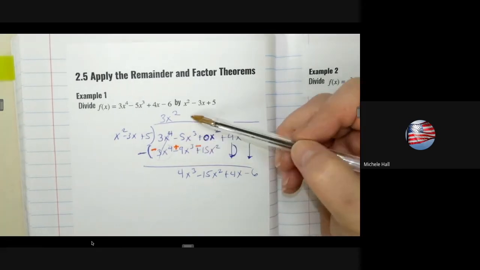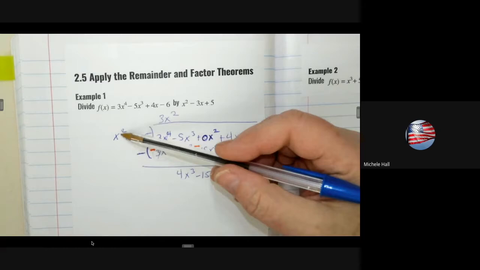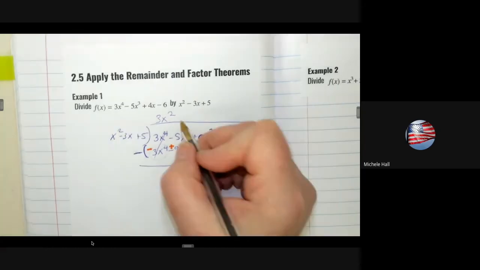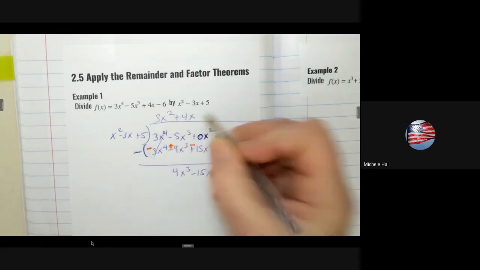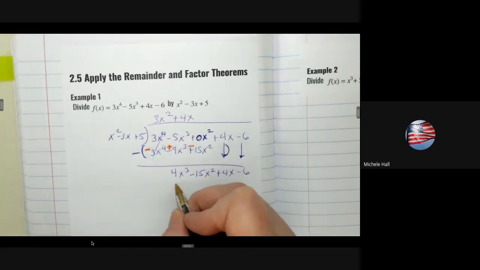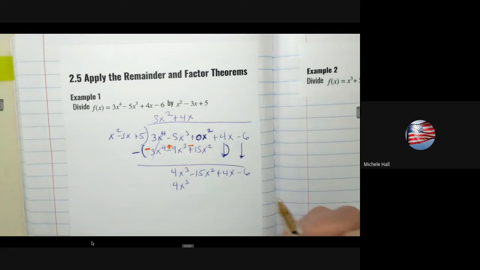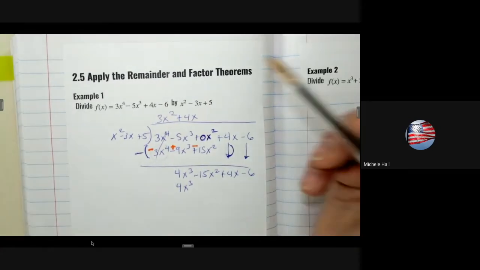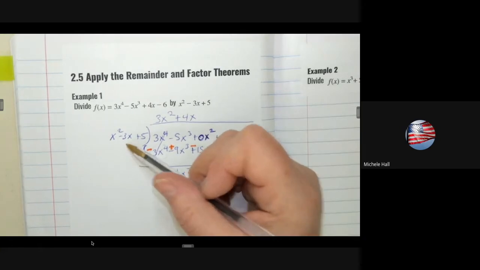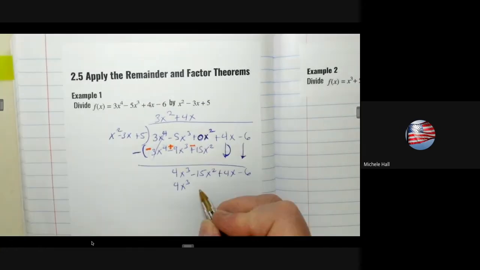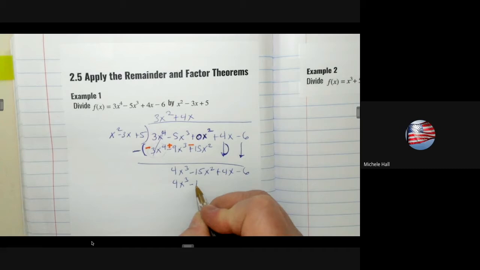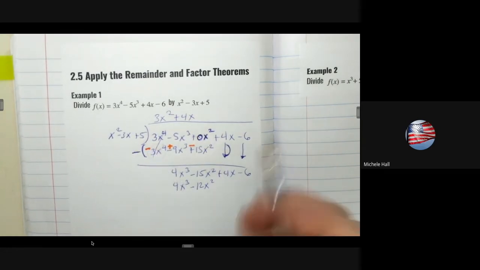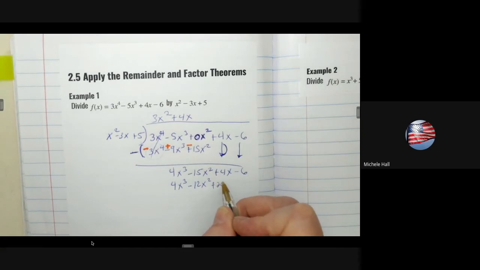Above the second term, what times x squared equals 4x cubed? That would be positive 4x. 4x times x squared is 4x cubed. Exactly what I needed, so they will cancel when I'm subtracting. 4x times negative 3x is negative 12x squared. 4x times 5 is 20x.